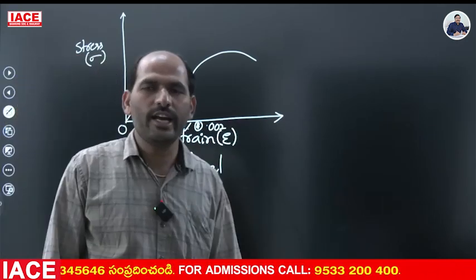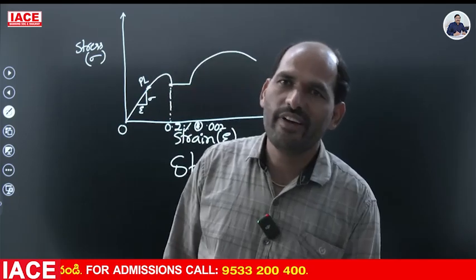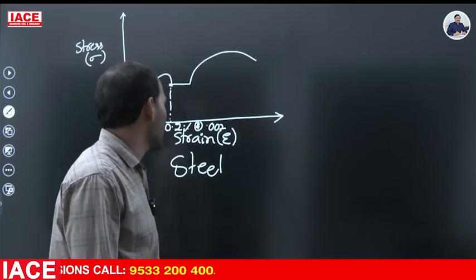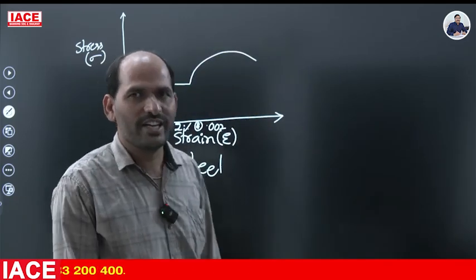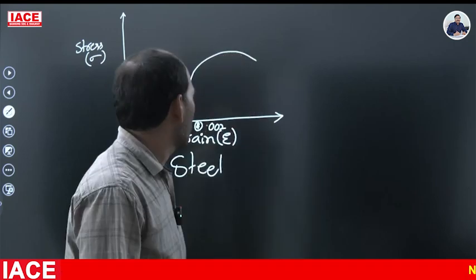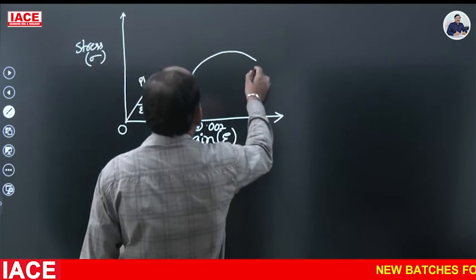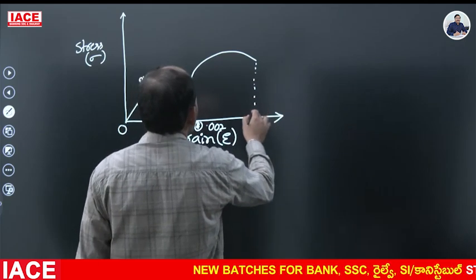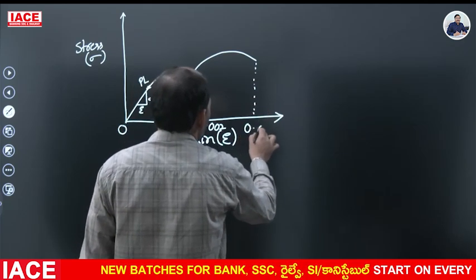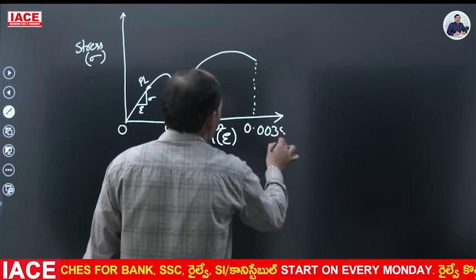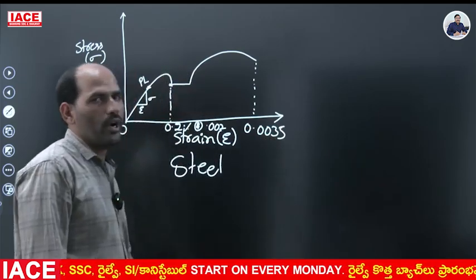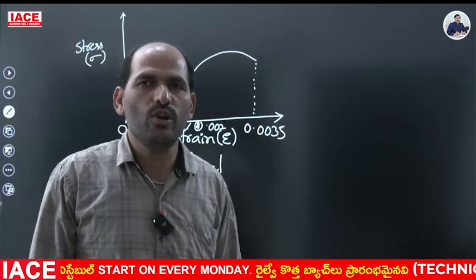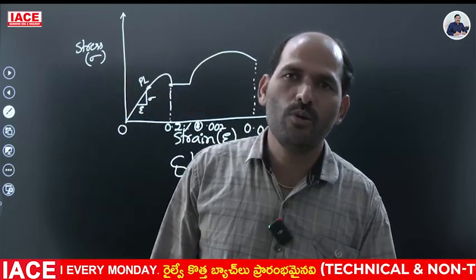At the lower yield point, the strain value of steel is 0.2%. And at the failure point, the strain value of steel is 0.0035.